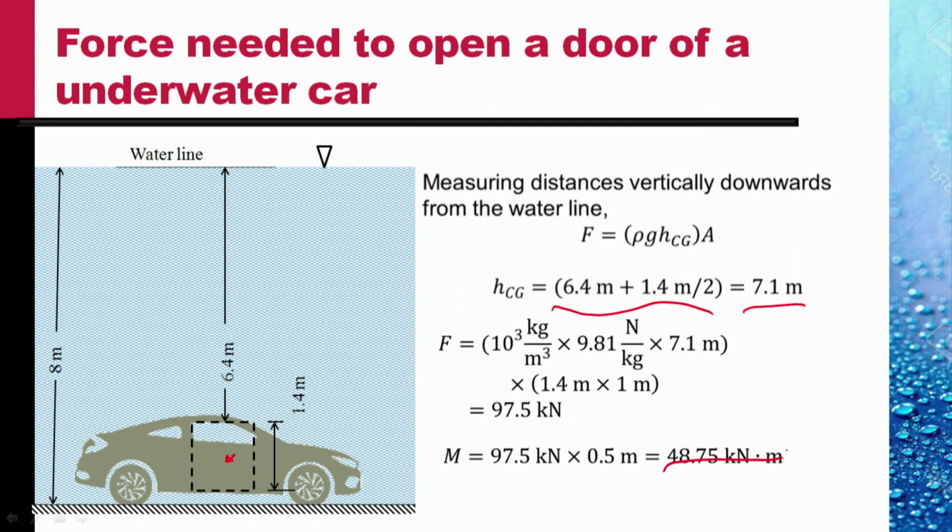And so it is possible that before the water inside reaches the top of the cabin, the force may reduce from 97.5 kilonewton to a figure which can be handled by the driver.